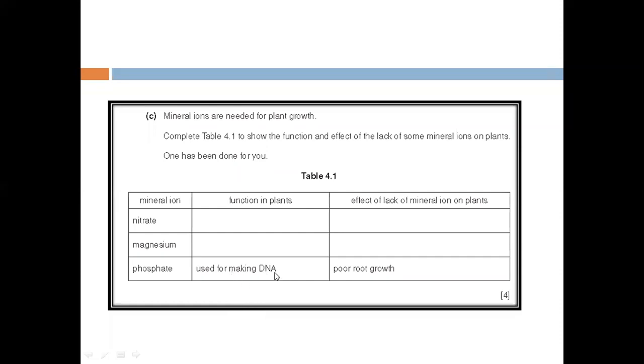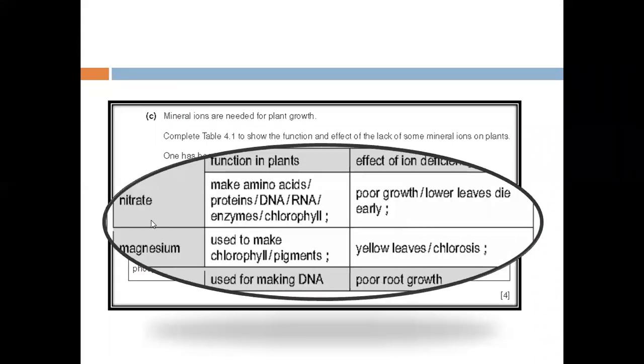So phosphate is needed for DNA formation, while nitrate and magnesium are different. If we study the structure of protein, and especially the structure of amino acid, they need nitrogen, and that comes from nitrate. So what is the function of that?